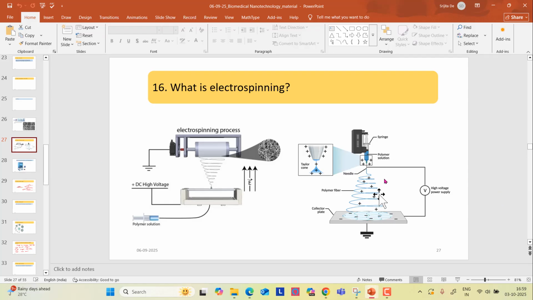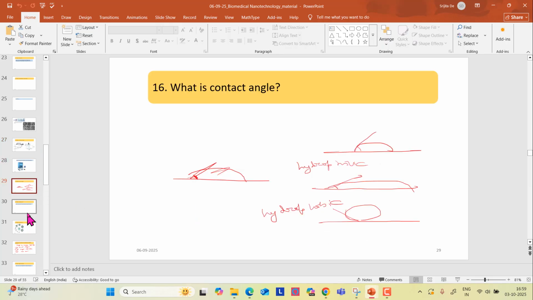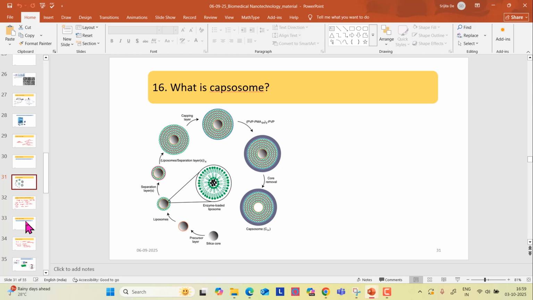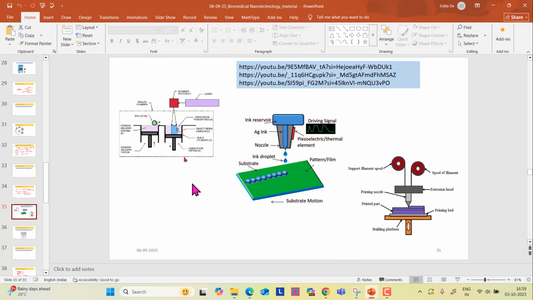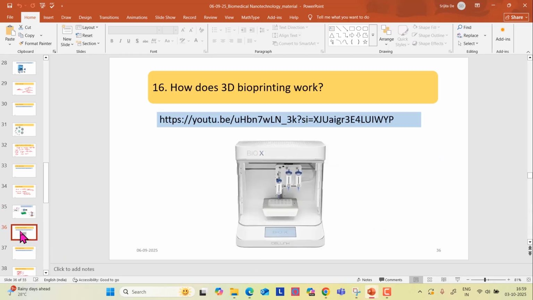So you can see that depending upon the voltage, this polymer solution is coming out, and depending upon the high voltage, these nanofibers are formed. Okay. So this is the organ printing, and there are references of some papers also on how people have used this bioprinter for the formation of bioscaffold, or 3D organ printing.